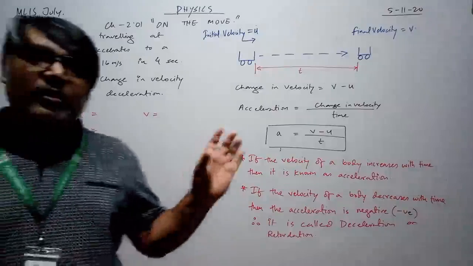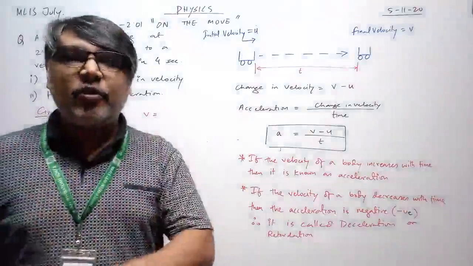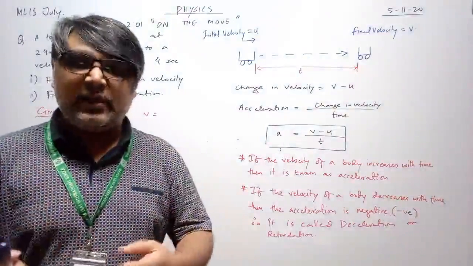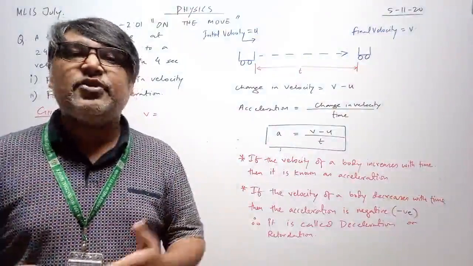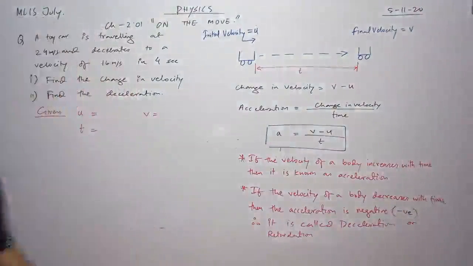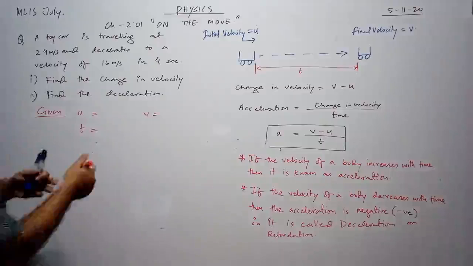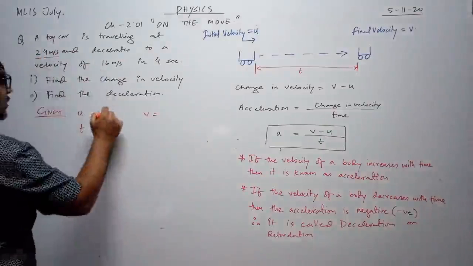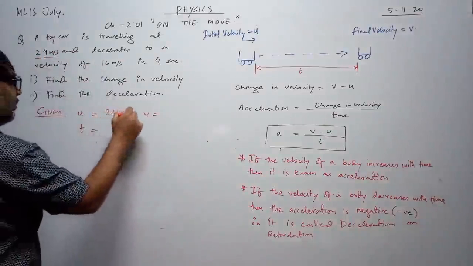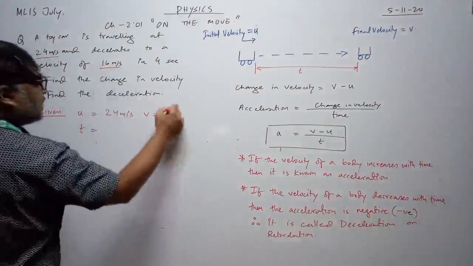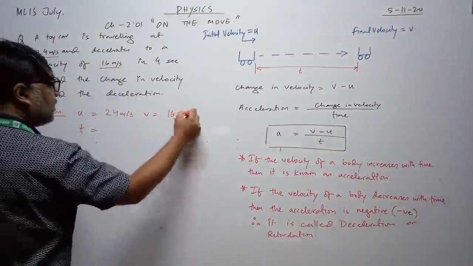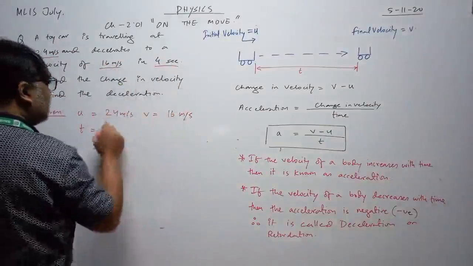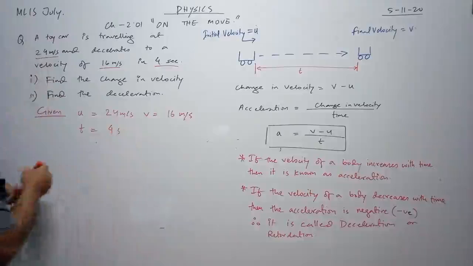Zara, যদি u 14 v 14 হয় তাহলে তো velocity change হচ্ছে না. If there is no change in velocity, acceleration will be কি? Zero. So in this case, the initial velocity is 24 meter per second. Final velocity is 16 meter per second, and the time is 4 seconds.